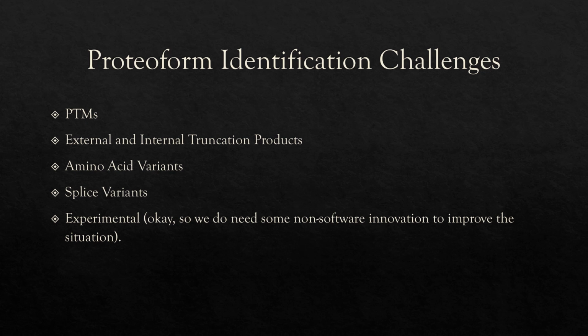So the thing about a proteoform is the tiniest variation changes the intact mass of the entire proteoform. And if we're trying to use a sequence database to look up that proteoform, there's a good chance that it won't be there.